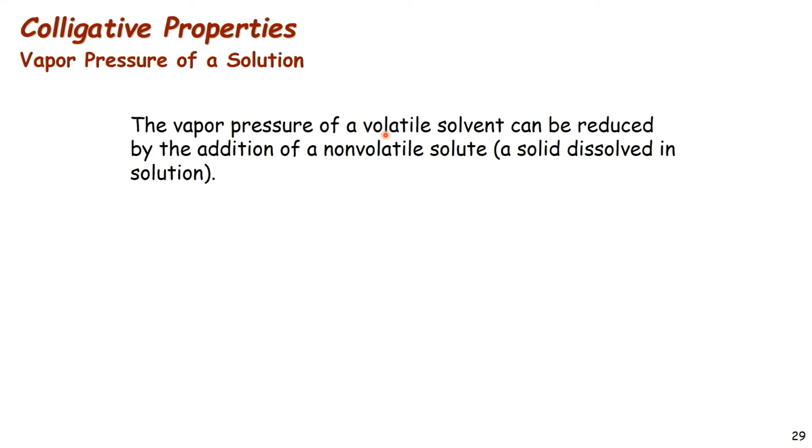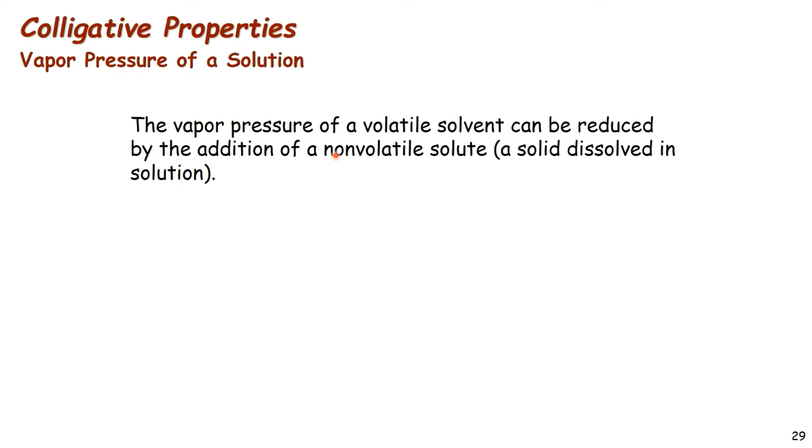And we're going to compare that to non-volatile solutes. For example, let's say sodium chloride, table salt. If I set a cup of table salt on my desk and I come back a year from now, I will not be able to determine any discernible difference in the volume of that sodium chloride. So that's what we consider a non-volatile solute.